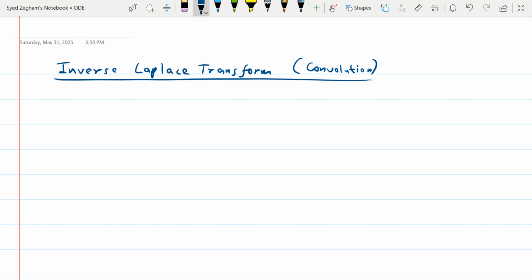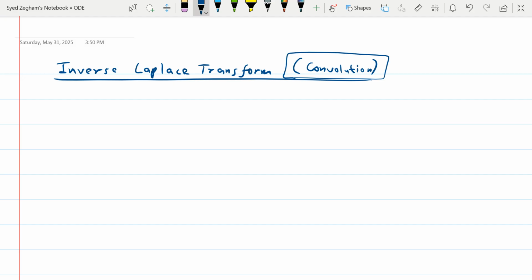Inverse Laplace transform using convolution, because there are other techniques also to find the inverse Laplace transform. So specifically in this video, we will focus on how we find the inverse Laplace transform using the convolution.